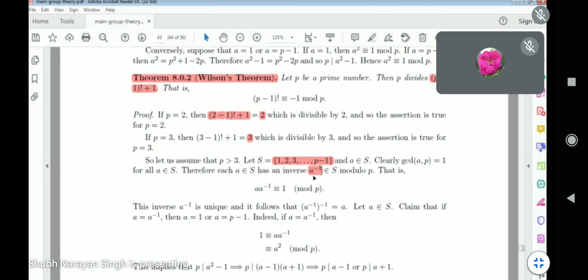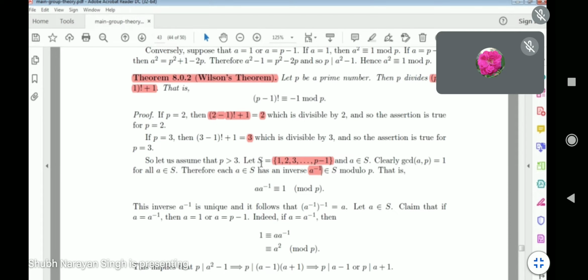Good, thank you. So see that again, when p is equal to 7, you observe that only two elements in the set S have an inverse that is the same, like 1 and p minus 1. When p is equal to 5, 1 and 4 are the elements equal to their inverse.